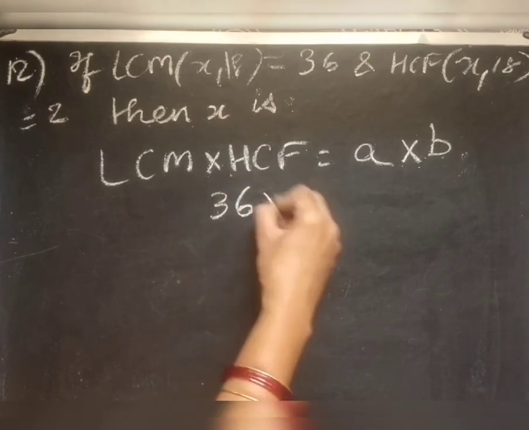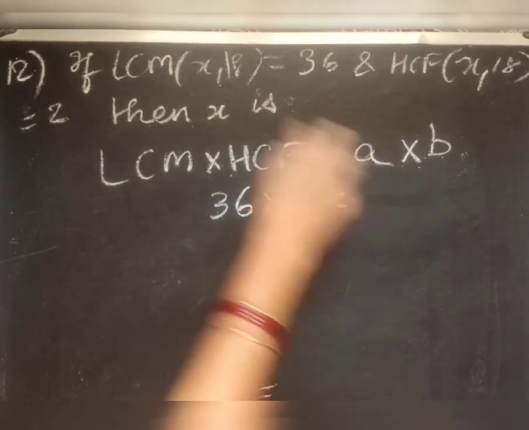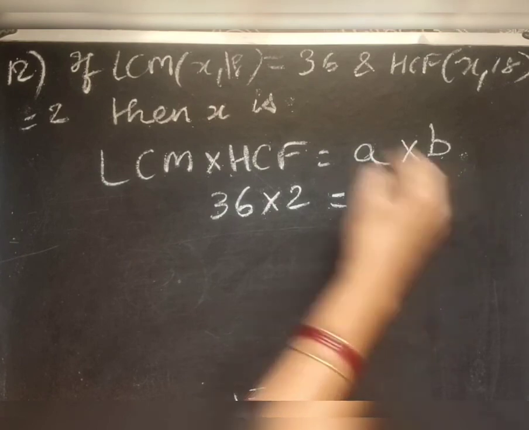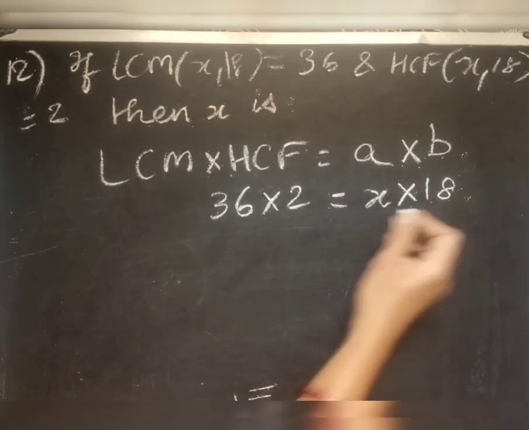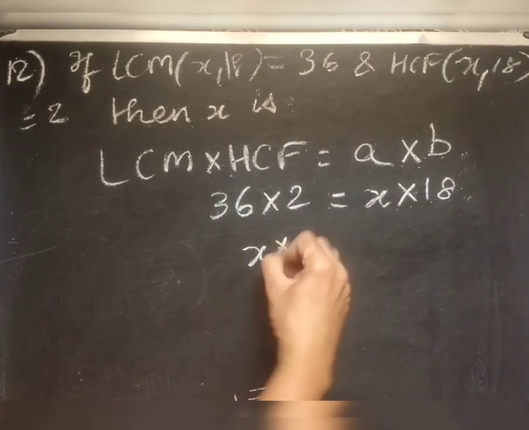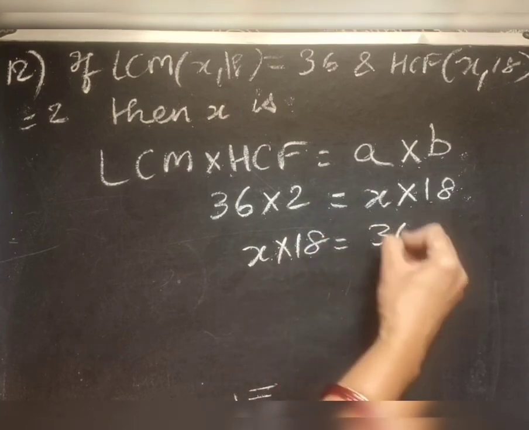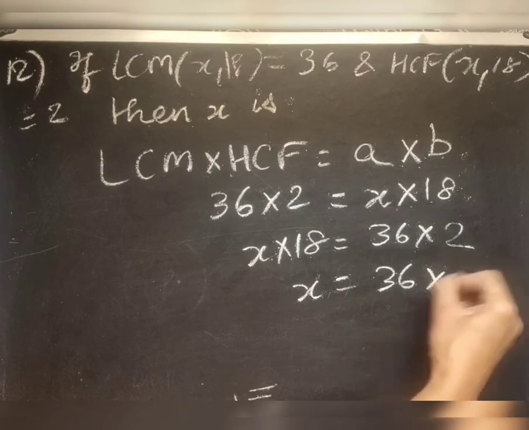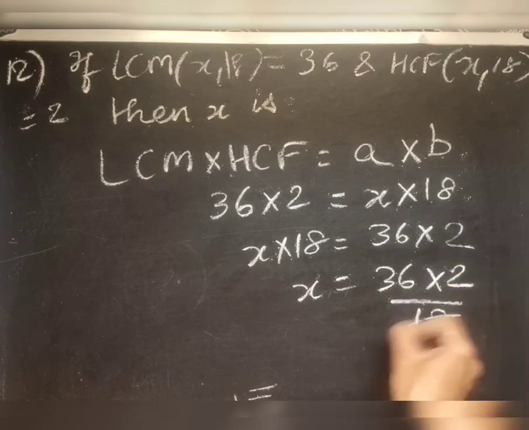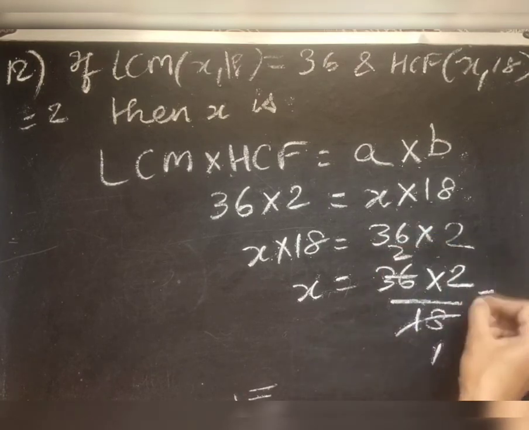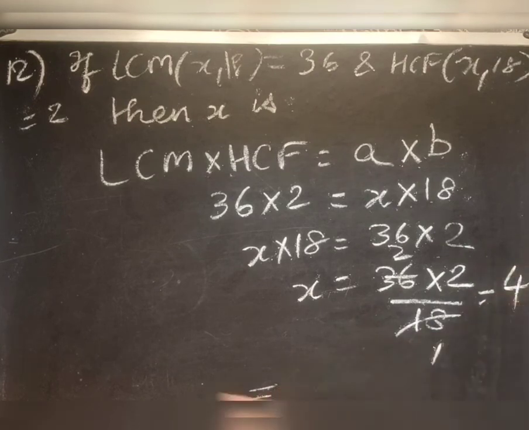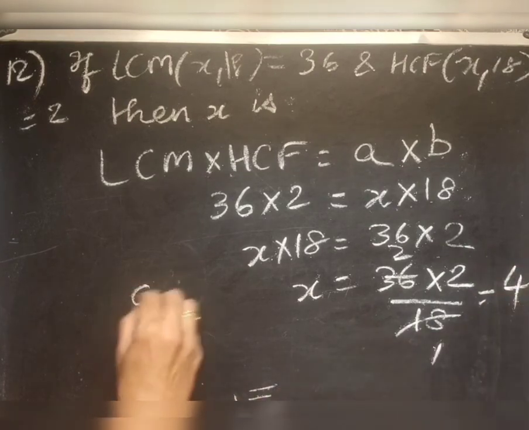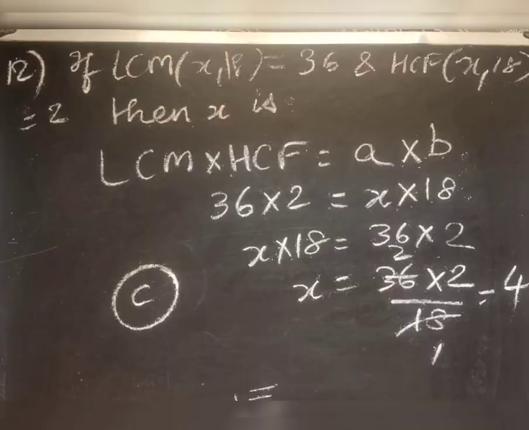So 36 into 2 is equal to x into 18. Therefore, when we rearrange, x is 36 into 2 by 18. So 18 ones are 18, 18 2s are 36, so it means 2 into 2, 4. So option C is going to be the correct one.